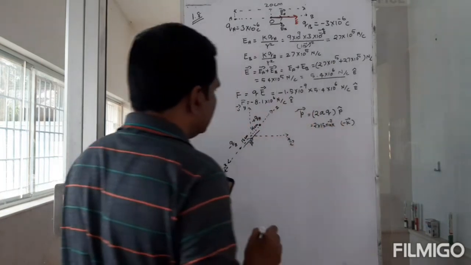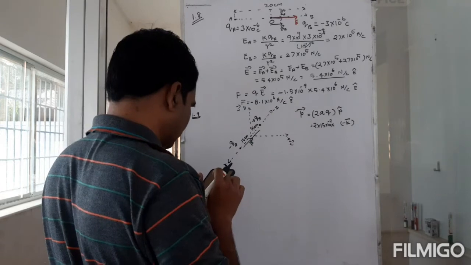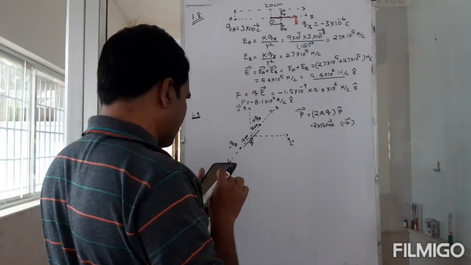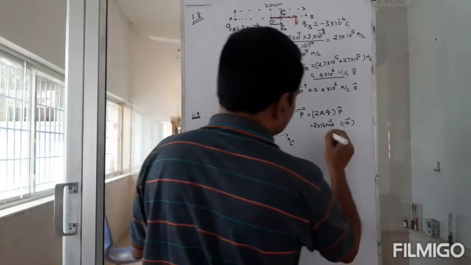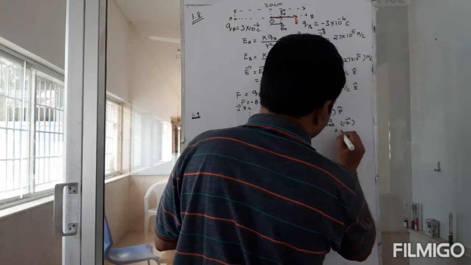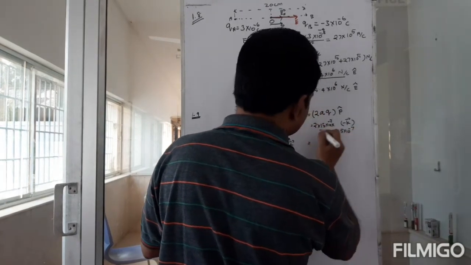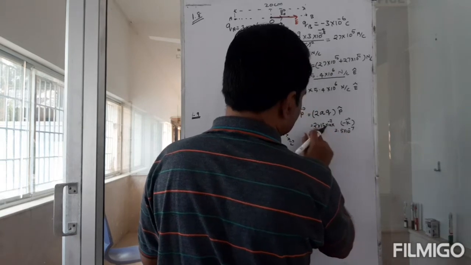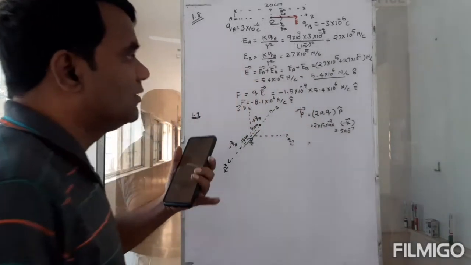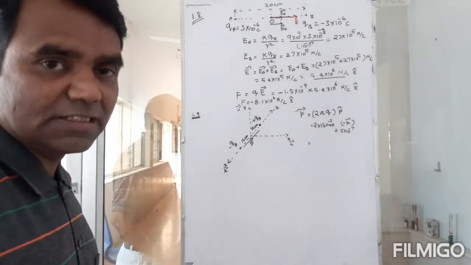What is Q? Q is 2.5 into 10 power minus 7. So that gives you 2 into 2.5 is 5, 5 into 15 is 75.